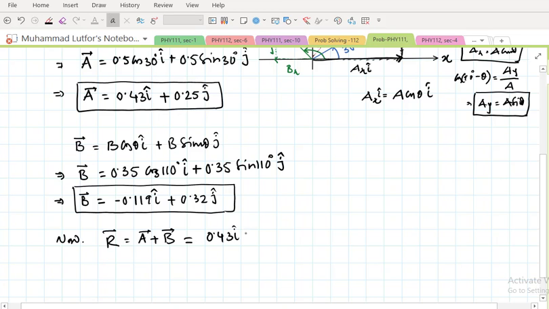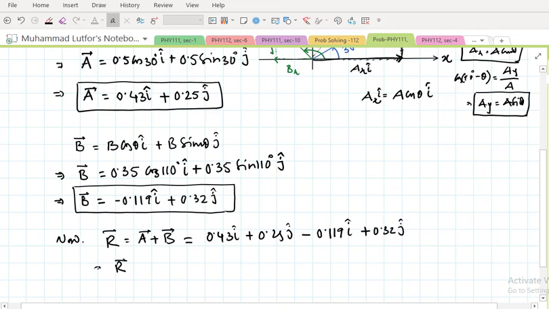I'll write down 0.43 i hat plus 0.25 j hat, minus, which is the vector B, 0.119 i hat plus 0.32 j hat, right?